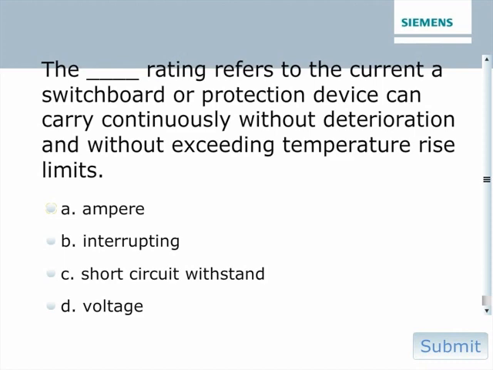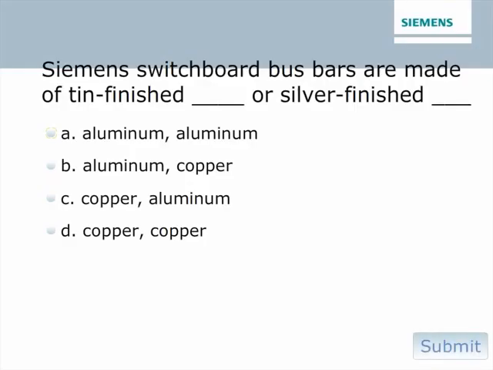Is it A, ampere, B, interrupting, C, short circuit withstand, or D, voltage? Question 5. Siemens switchboard bus bars are made of tin finished blank or silver finished blank. Is it A, aluminum aluminum, B, aluminum copper, C, copper aluminum, or D, copper copper?